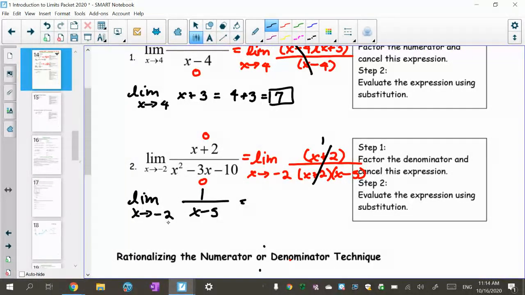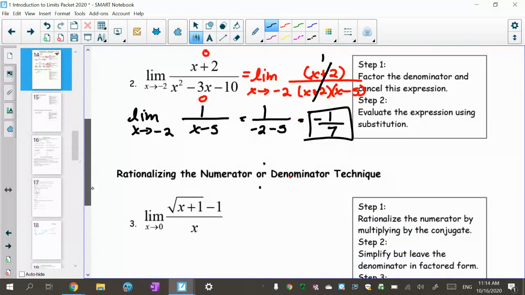Then I look and see, can I put in the -2? I can, so I don't have to write the word limit anymore. So the limit is -1/7. So these are some of my favorites to find the limit. You can just substitute first to get the indeterminate form and then look to see if there's some algebra I can do. All right.